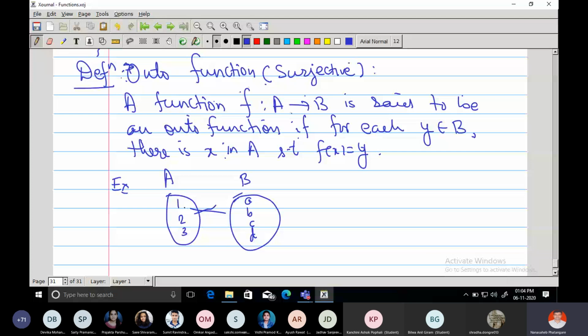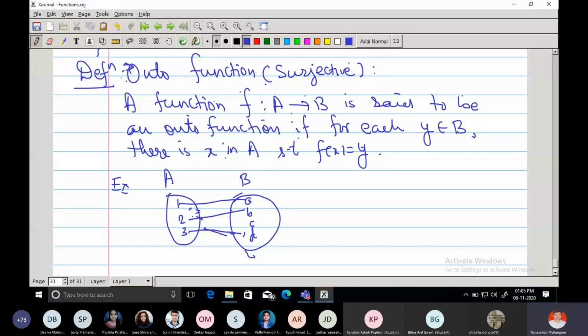If I define a function from A to B, suppose I map 1 with a, 2 with b, 3 with d.